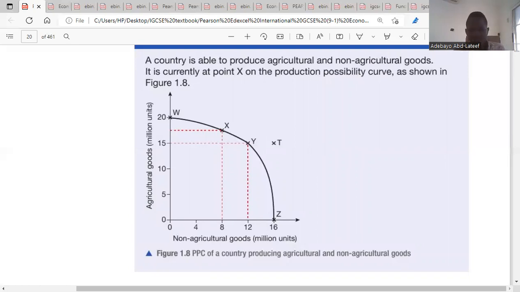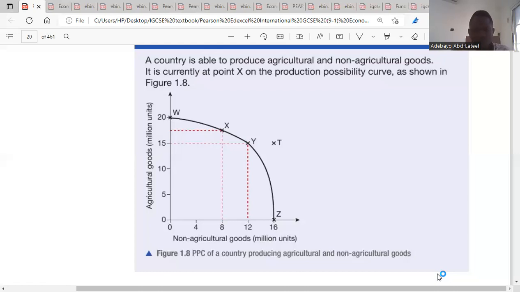Okay, please. It said the country is moving from point X to Y. What would be the opportunity cost at this point? From point X to Y, we said at point X, we have 17.5 million agricultural goods, right? At the same time, we have 8 million non-agriculture, right?